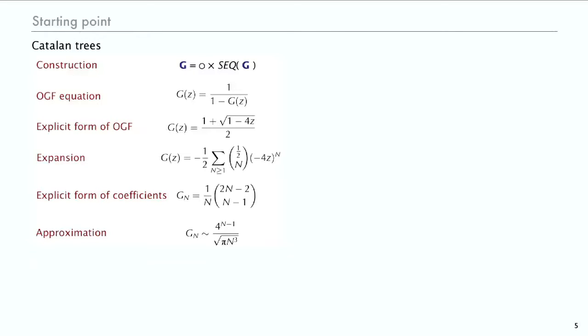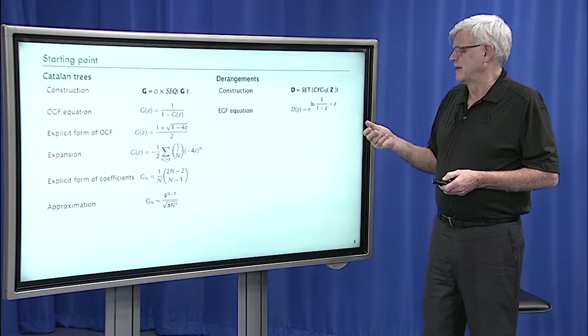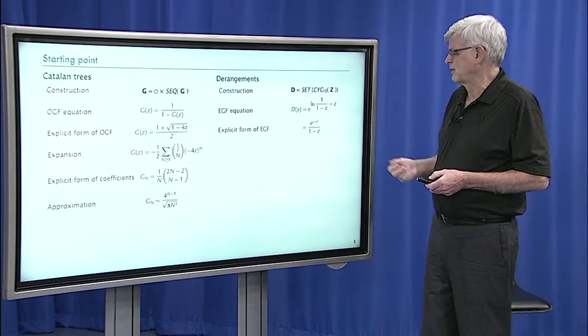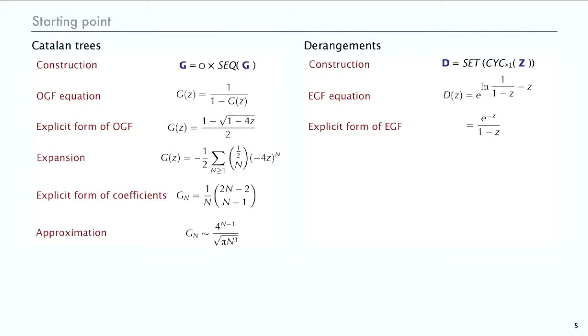And I've left out a lot of calculations in this derivation, and you saw them in earlier lectures or in part 1. Or for derangements, similarly, we have a construction that gives us an EGF equation. It's a relatively simple explicit form of the exponential generating function.